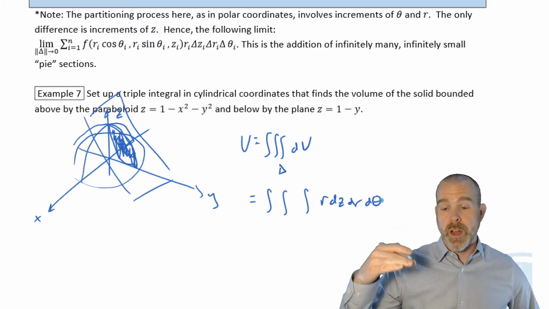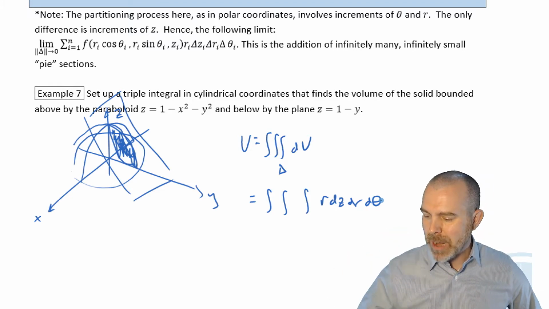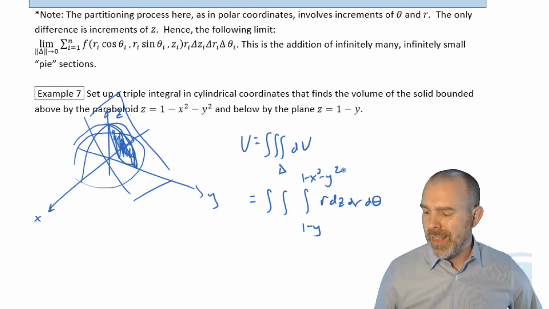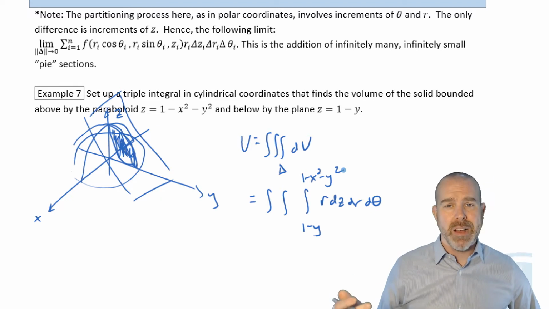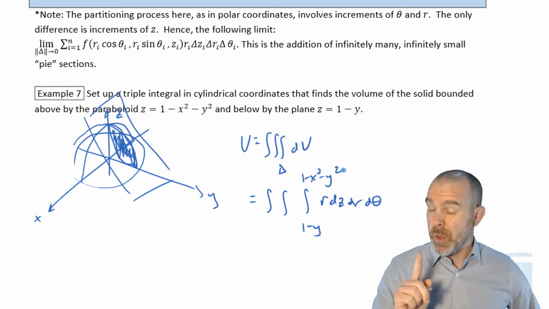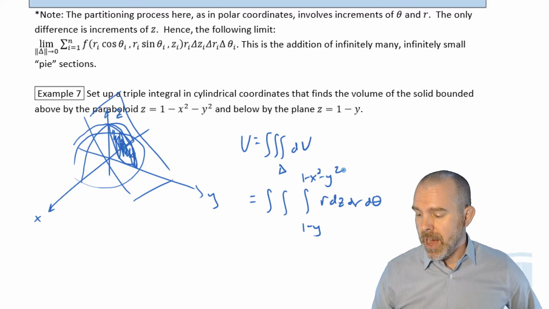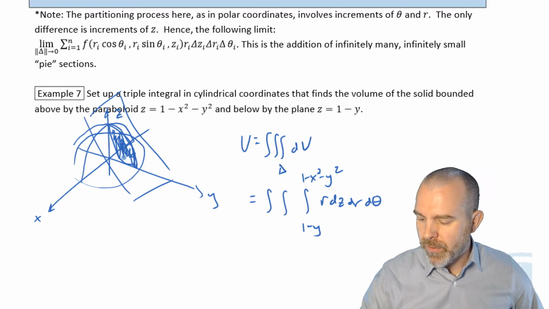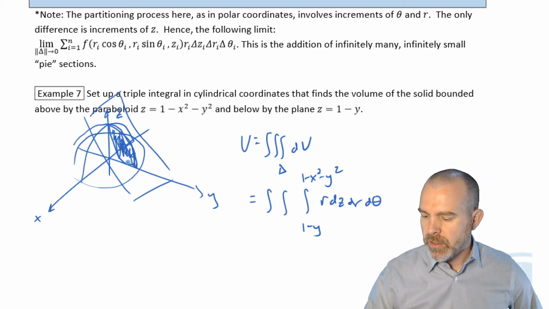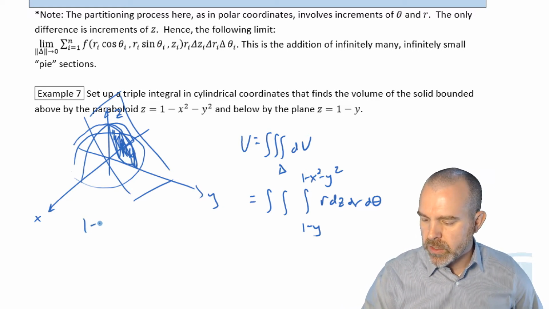Now z goes from the bottom one to the top. The bottom is the plane, 1 minus y, to the top, 1 minus x squared minus y squared. Now there's a problem there. Your bounds are in terms of x and y, but you're integrating in cylindrical coordinates, so we will have to fix that. For the rest of it, we really need to figure out what the region is in the xy plane. So let's look to see where these two curves intersect.